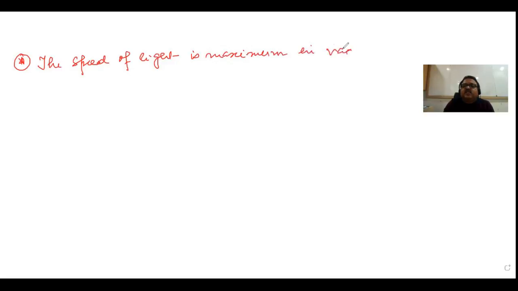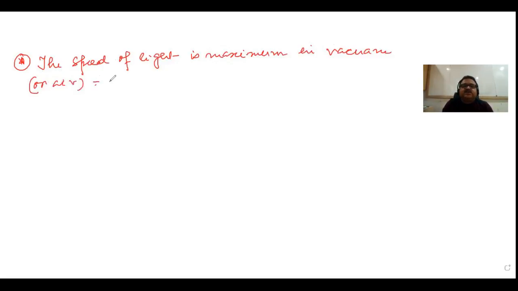So number one point is the speed of light is maximum in vacuum, and vacuum or air. In general, it is slightly lesser in air, but we consider it more or less same.